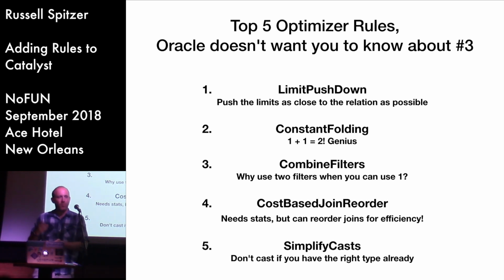Why do each filter one at a time when I can apply all of my filters to the same statement and have them all run simultaneously on each row as it goes through, rather than having each row go through one filter, then a different function applied to it, then a different function applied to it, then a different function applied to it. So all of these kinds of things don't really require us knowing how we're going to do it, just that we can simplify our idea of how it actually will need to get done.